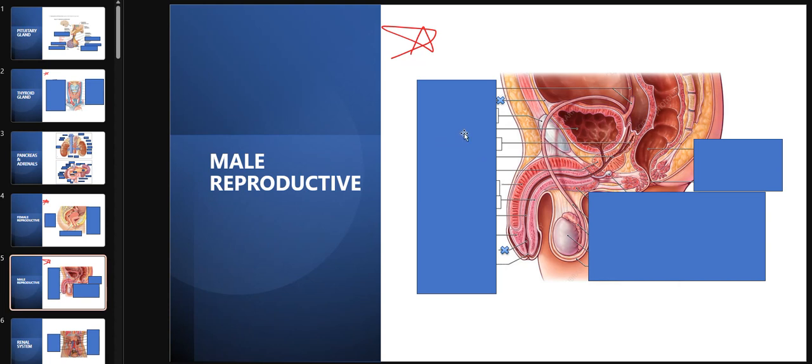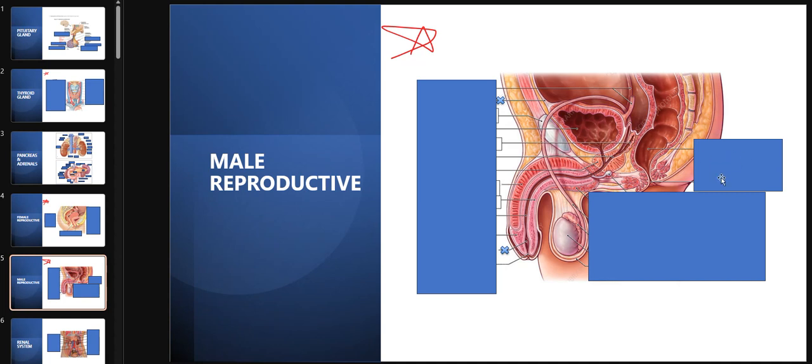Male reproductive, we have the ureters, pubic symphysis, urinary bladder, seminal vesicle, ejaculatory duct, prostate gland, corpus cavernosum, corpus spongiosum, urethra, glans penis, and external urethral orifice / urethral meatus.